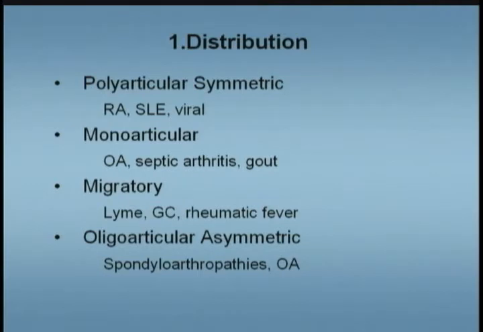The first category is the polyarticular symmetric. Polyarticular means more than 4 or 5 joints involved. So it's not oligoarticular, just 2, 3 joints. It's polyarticular, at least 4, 5, 6 plus joints.